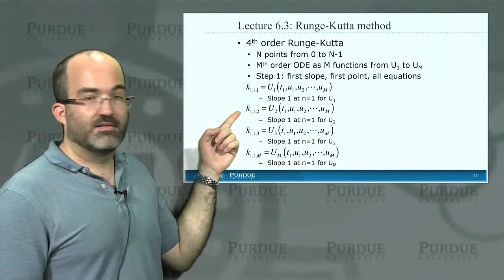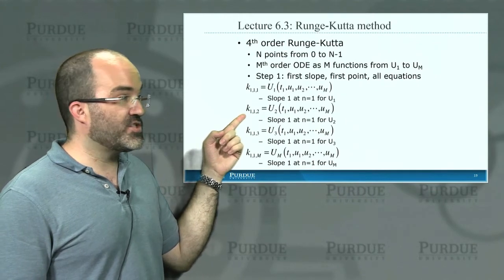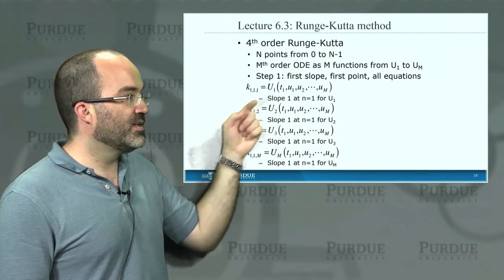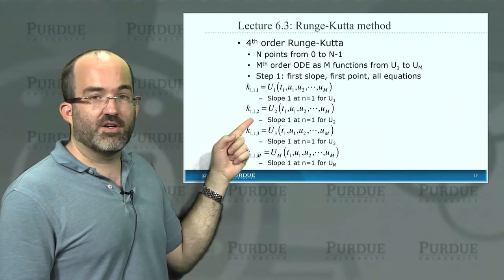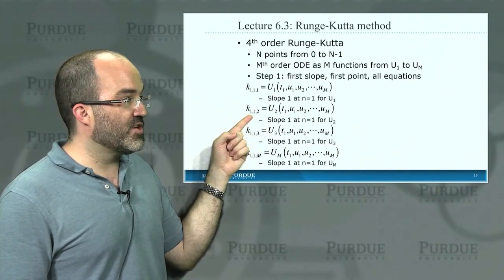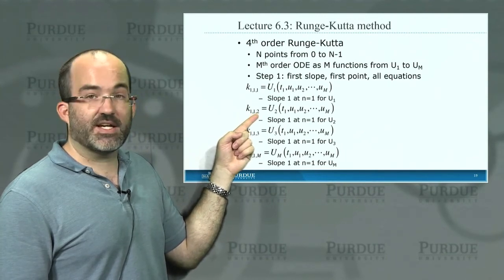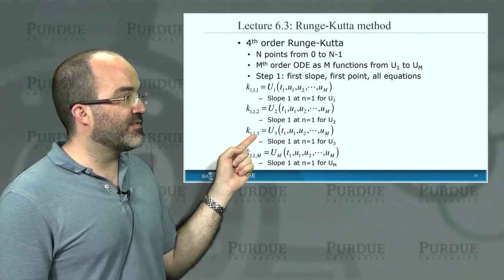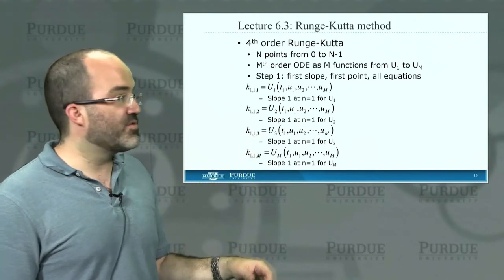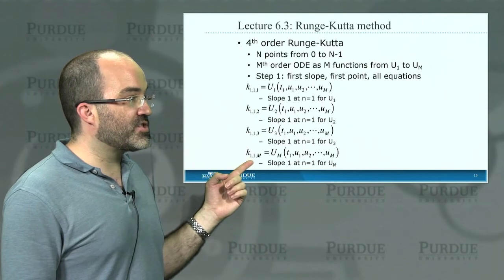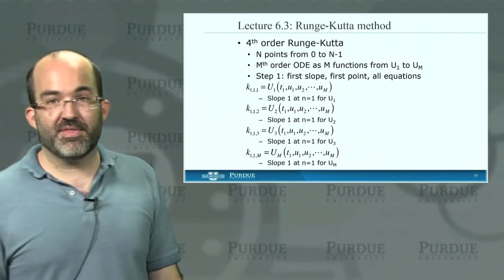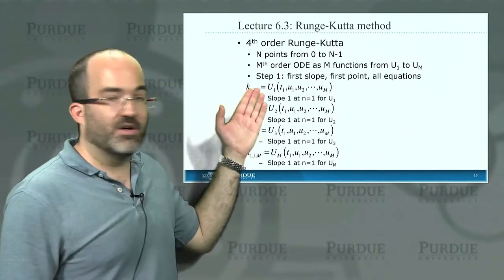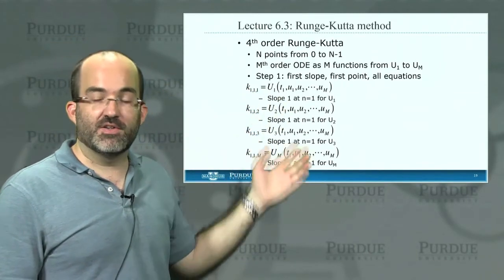The second thing you're going to do is solve the first slope at the first point for the second equation, u2. And then the first slope at the first point for the third equation, u3. And then the first slope at the first point for the mth equation, m as in Mary. And then you've solved all of your k1 values for all of your different equations.